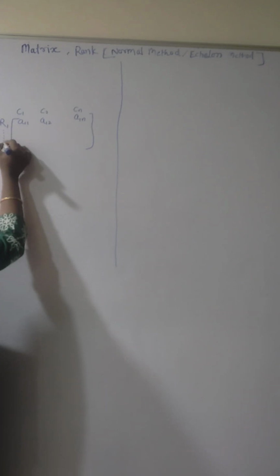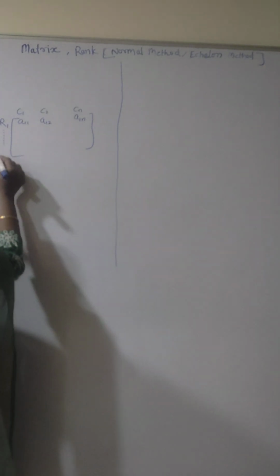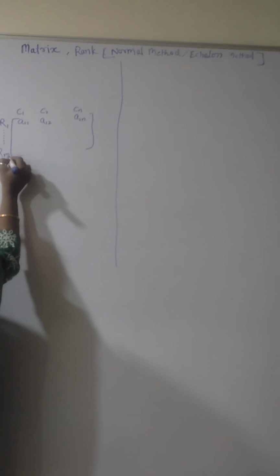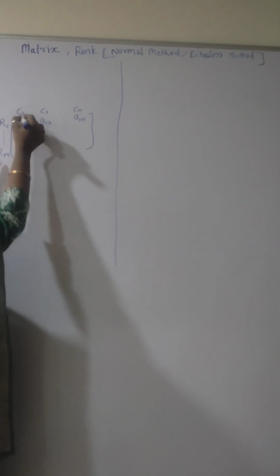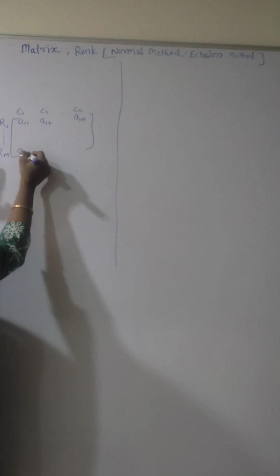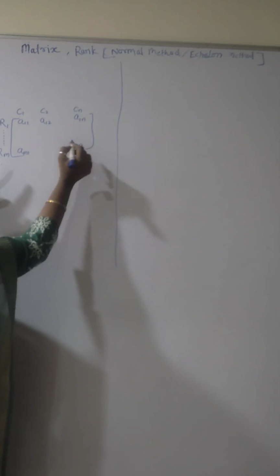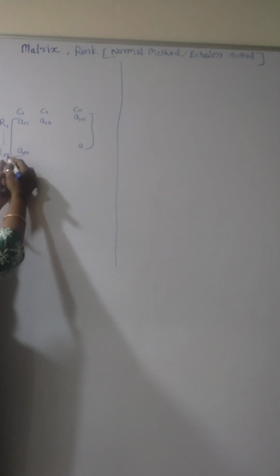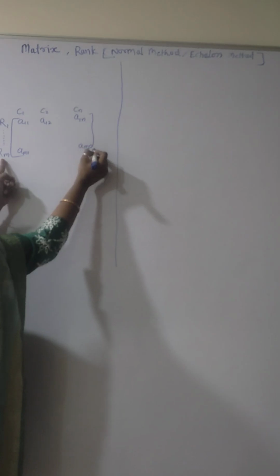Similarly, if we have m rows R1, R2 up to Rm, then the mth row, first column element is Am1, and the last element is the mth row, nth column element, Amn.